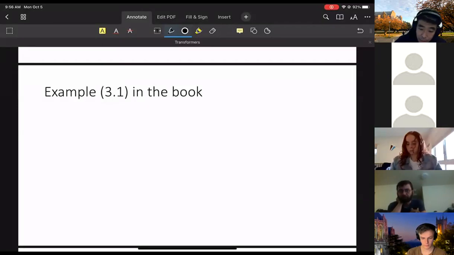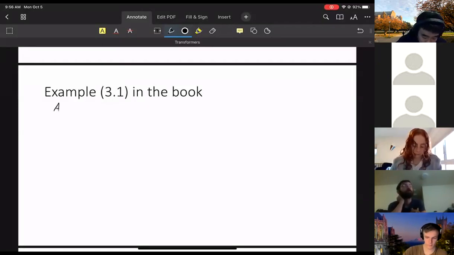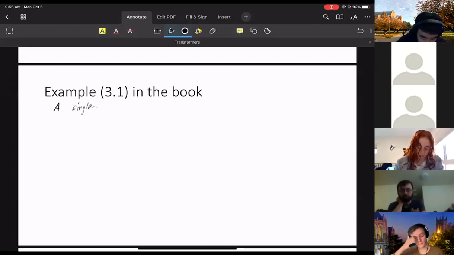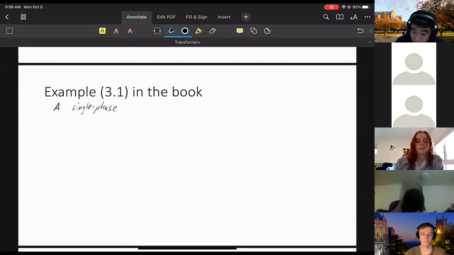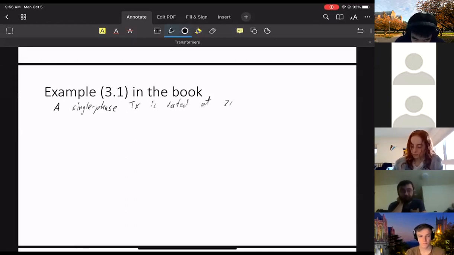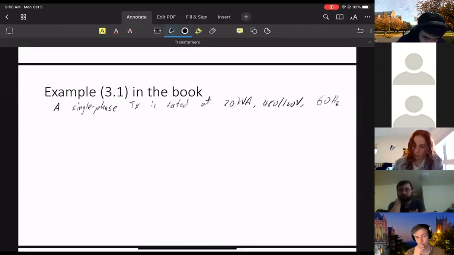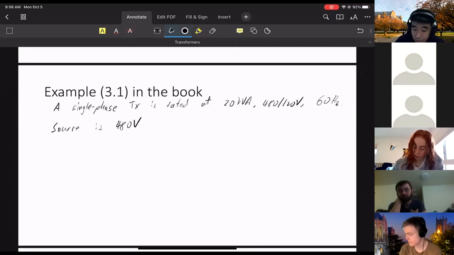So this is example 3.1. Let's look at it. It says a single phase transformer is rated at 20 kVA, 480/120 volts, 60 hertz. The source is 480 volts, connected to the primary side.